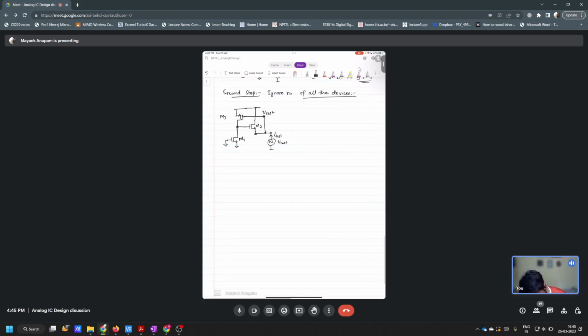So yeah, now because of this V test, this voltage also will be V test, isn't it? Okay, so let's call this voltage as some Vx. If we are ignoring R out of all the devices, so this device is out of picture, right? Yes, sir. Correct. So if this is Vx and this is V test, so what is the current that is going to flow in this right here?